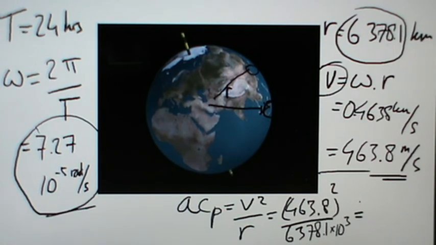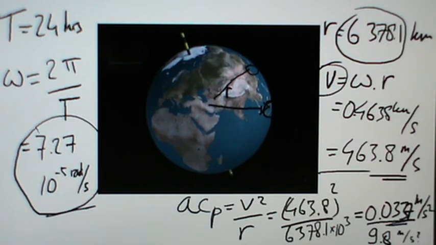And we get 0.0337 meter per second squared. This value is actually very small compared to the acceleration due to gravity, which is around 9.8 meter per second squared.